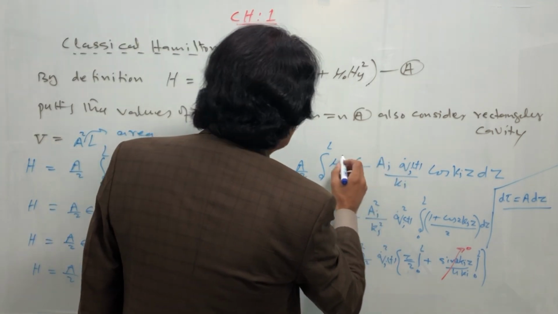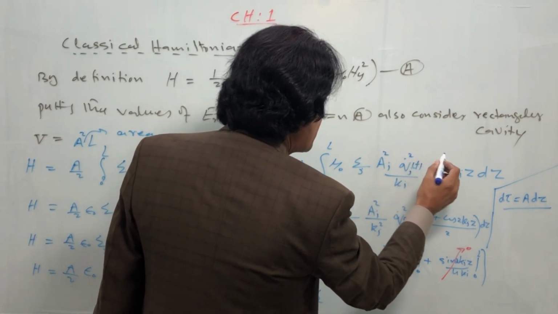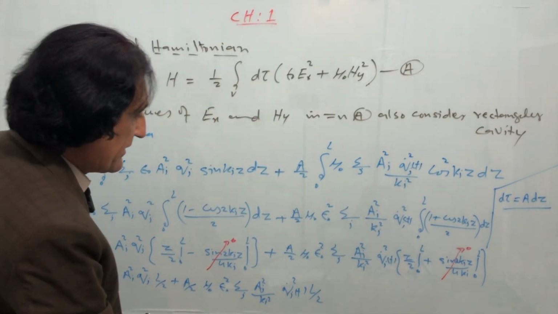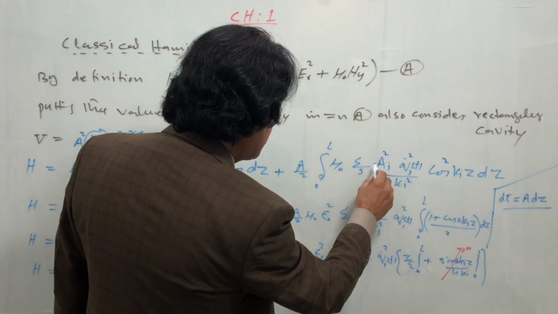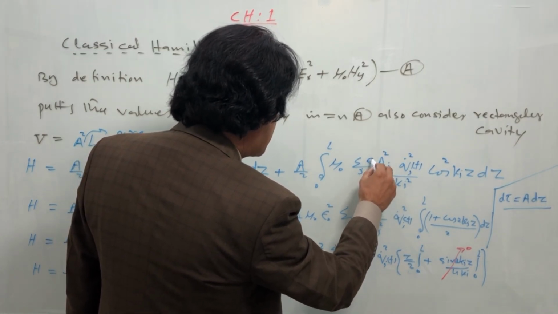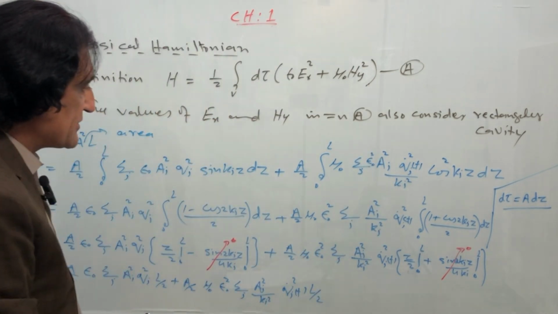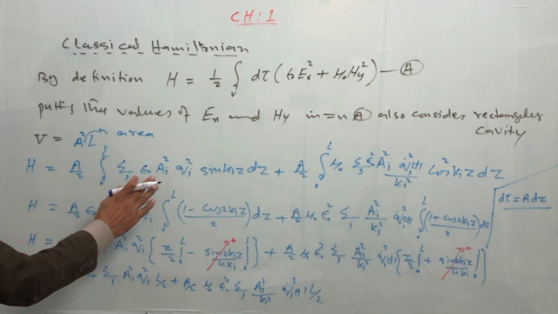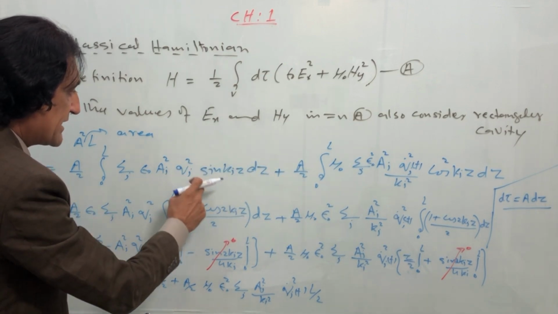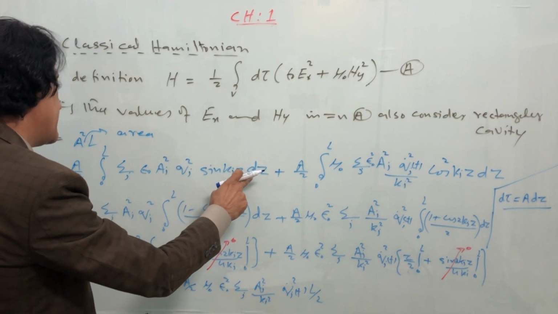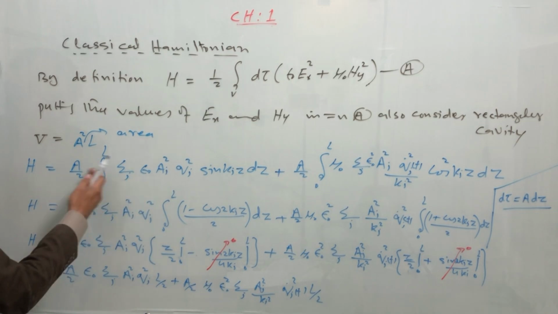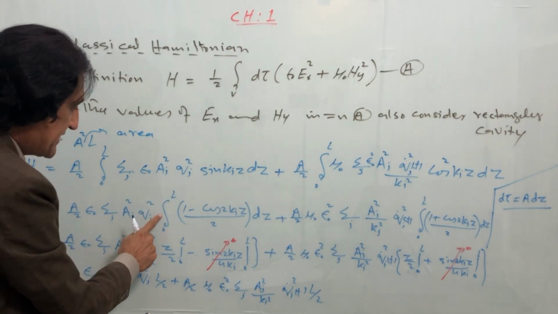And for epsilon naught, we must have epsilon naught square. Now we can take only this part, sine k z, because the integration is along dz. The remaining things can be taken out of the integration.